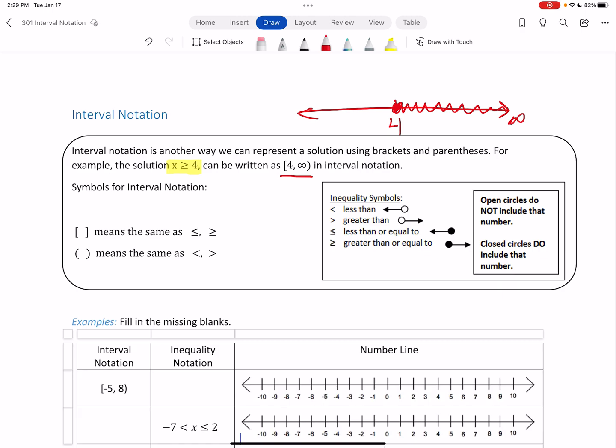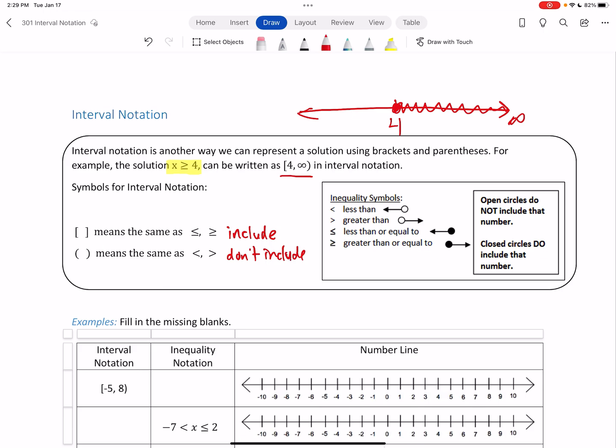Here are some of the symbols that we use for interval notation. Notice that the brackets, the hard square ones, include the point, and they have an equals underneath. Parentheses are sort of greater than or less than without the equal to underneath it, and they don't include the point.